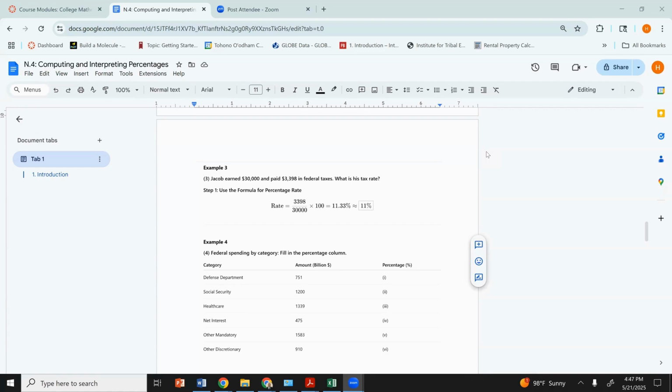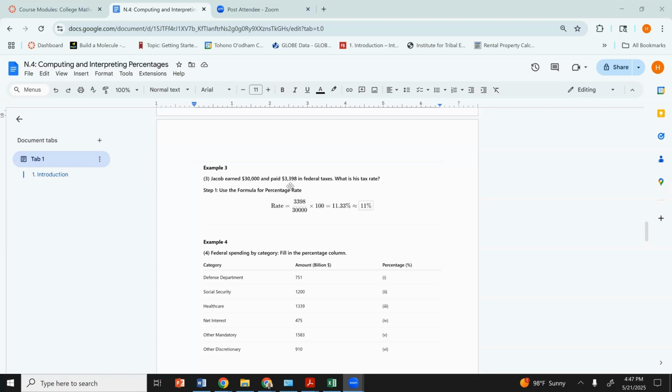Next, example 3. Jacob earned 30,000 and paid 3,398 in federal taxes. What is his tax rate? Okay, so we can do this similar to some of the questions we solved, but we know his earning and how much he paid in taxes in total.